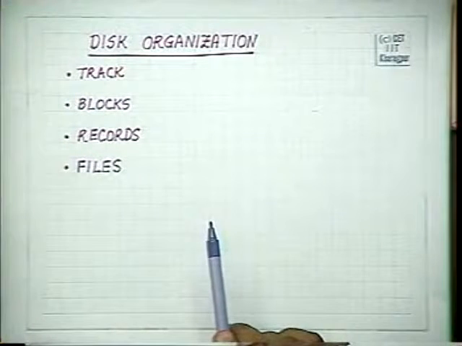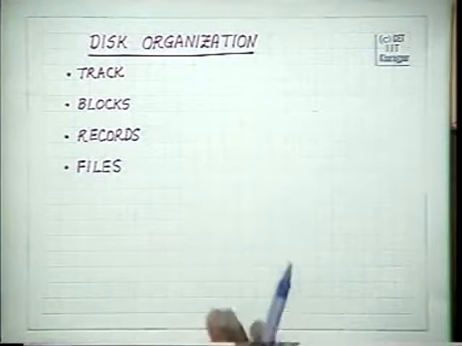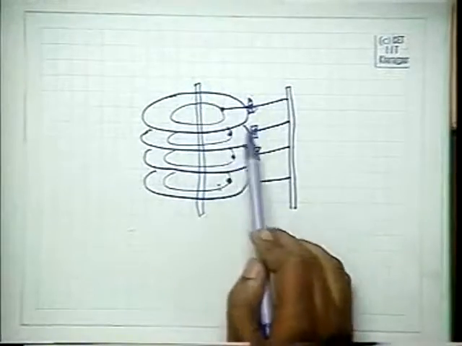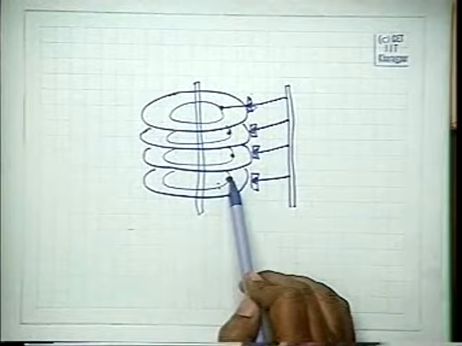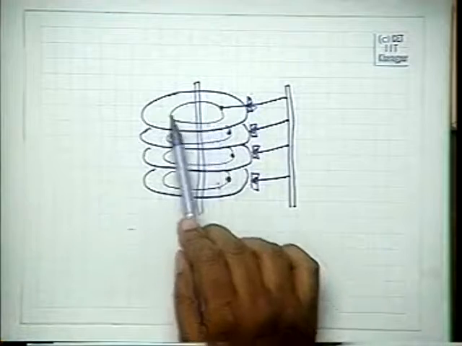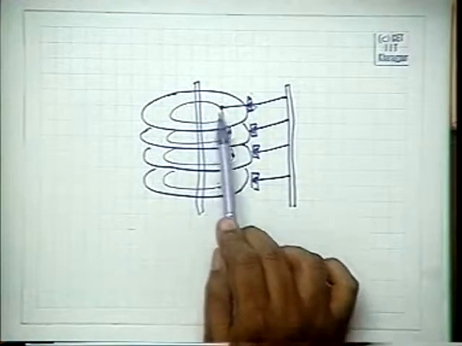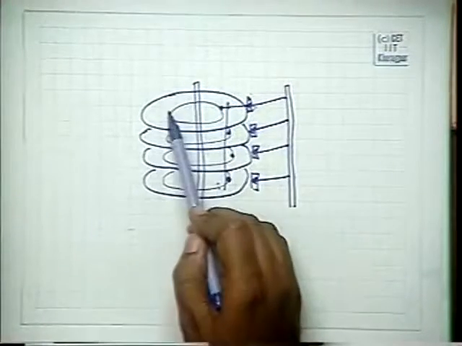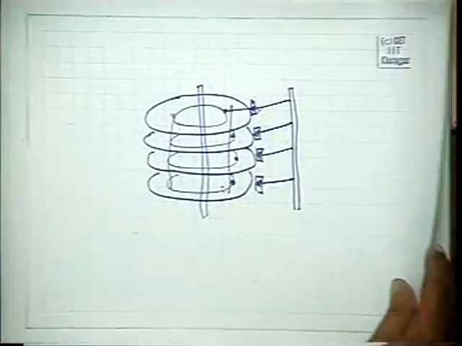A track may be a logical, physical track, one track, or it may be a logical track which consists of a set of tracks which is actually called a cylinder, in the sense that the head, when it positions itself on one particular track position on a spindle which has got more than one disk platters, then more than one actual tracks are available and you can simultaneously read so much of information. So this is often called a cylinder because we have got a concentric amount of information.